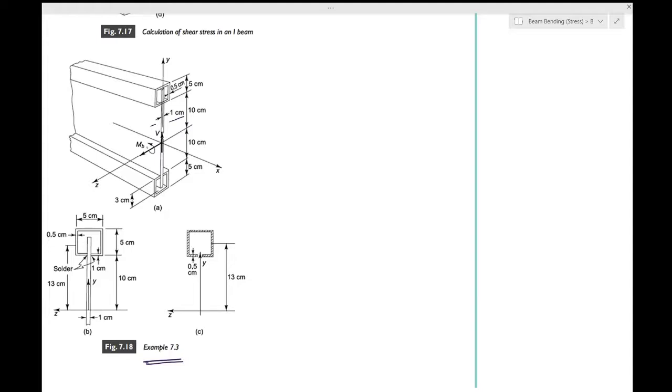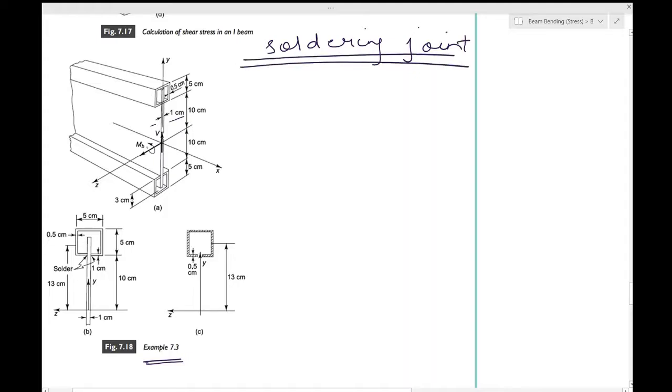First thing, you have to look for a picture or a video of a soldering joint. You should know what this joint is. Please look up on the internet what this joint is. Don't try to solve a problem in this subject without actually seeing it physically, even if only on your computer.